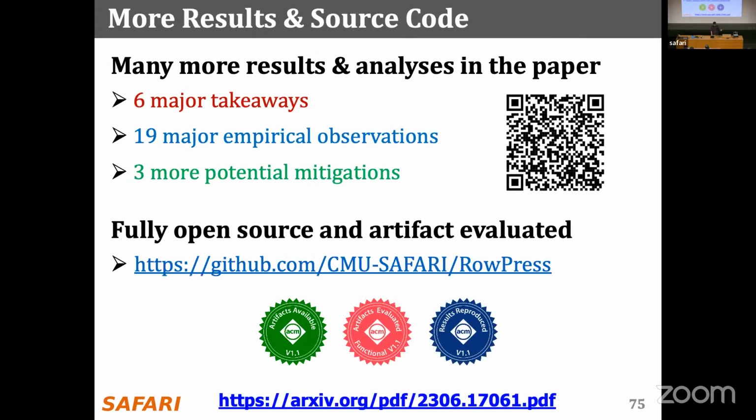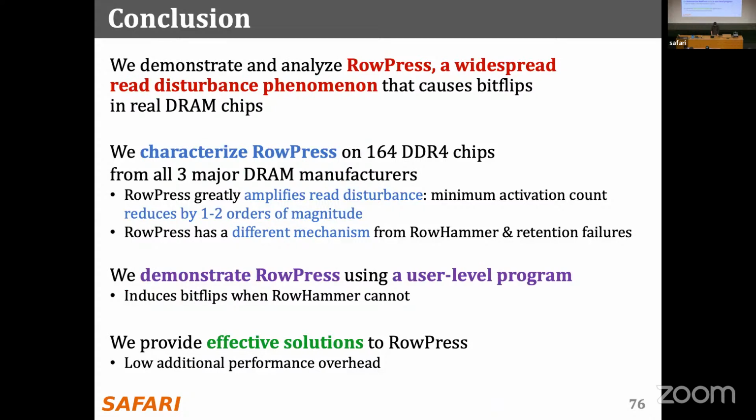We also have more results in the paper and the arXiv version. We have the code for both the FPGA-based characterization and the real system demonstration at this GitHub link. If you're interested, you can take a look and maybe try this out yourself.